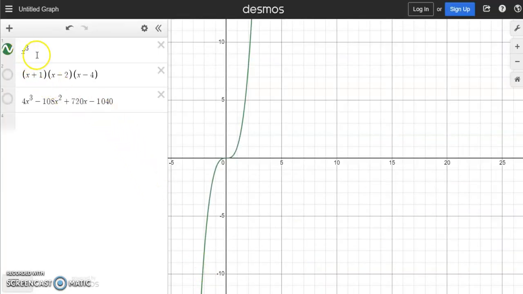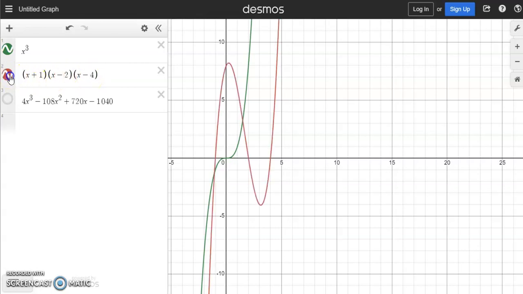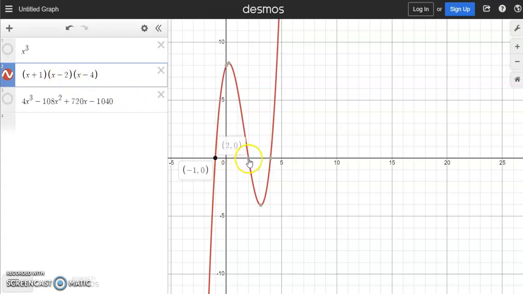This is what a cubic, a degree 3, would normally look like. If I write it in factored form like this, you'll see that -1, the opposite of this number, is represented right here. Then we have the +2, opposite of that number right there, and then the 4.